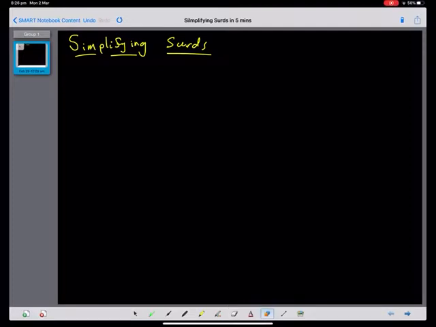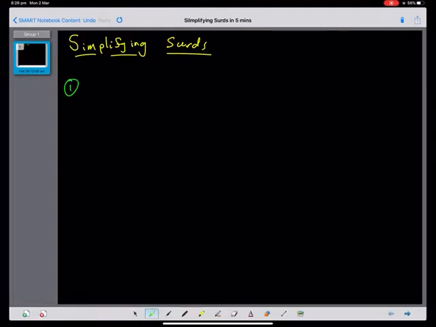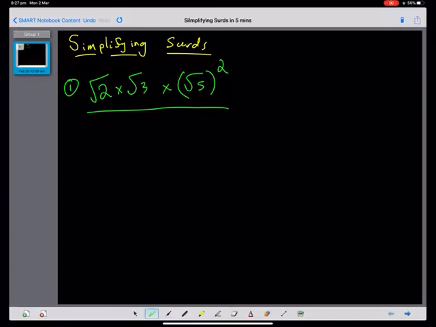Okay, so let's simplify the square root of 2 multiplied by the square root of 3 multiplied by the square root of 5 squared, all divided by the root of 10 times the root of 9.